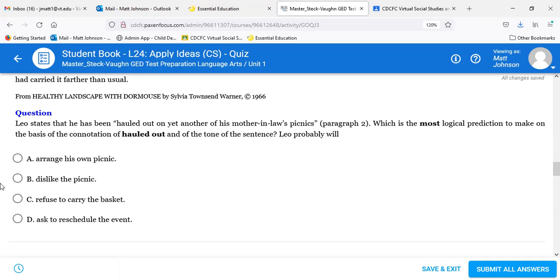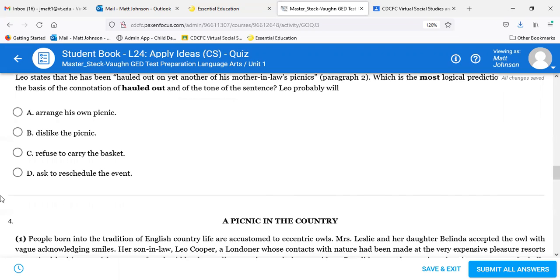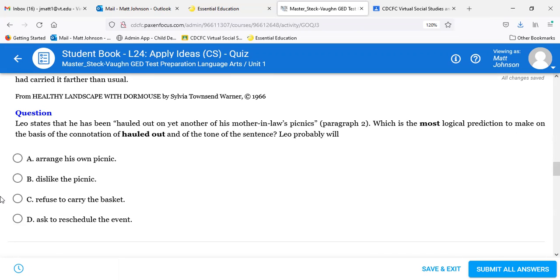Leo probably will A, arrange his own picnic, B, dislike the picnic, C, refuse to carry the basket, D, ask to reschedule the event. Is it A? So it's B.